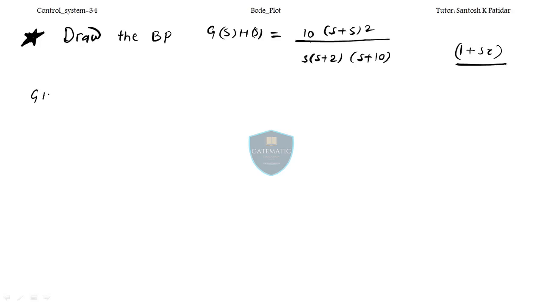So it will be like 10 into this 5 will come out. It will be square of it, so it is 25 directly. I am writing 1 plus s by 5, whole square. Then 2, I'm taking out into 2.